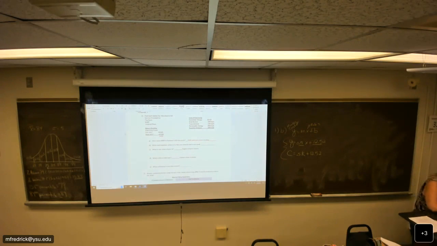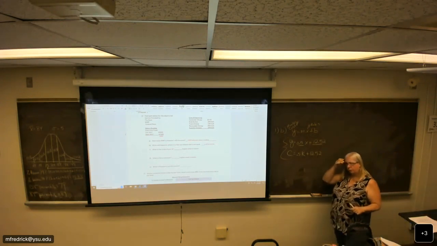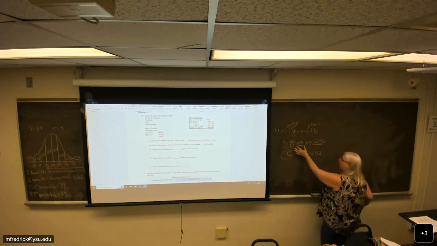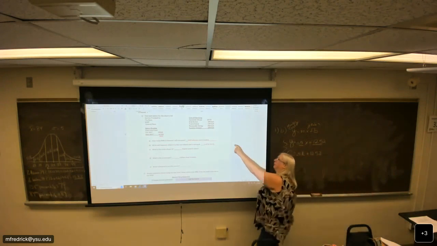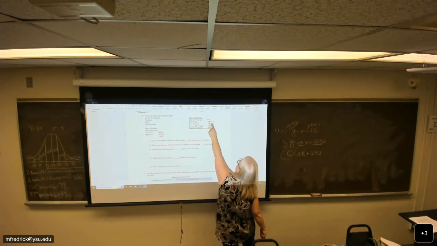Okay. Any other questions on getting the equation? So this one, I just added the ones that are times kilowatt hours. This one was not times it, it's just a fixed fee.